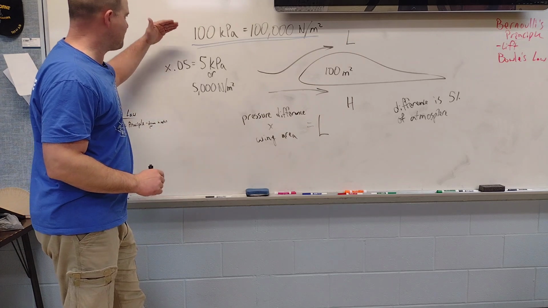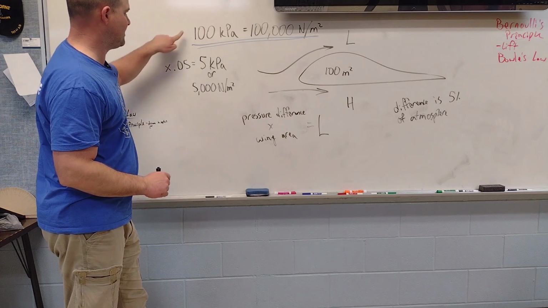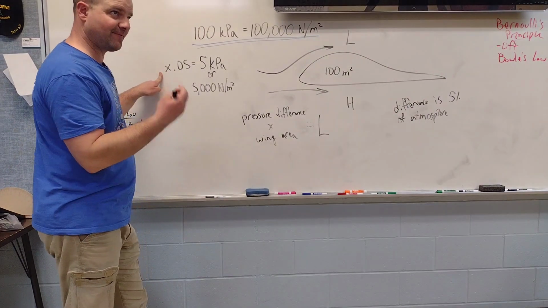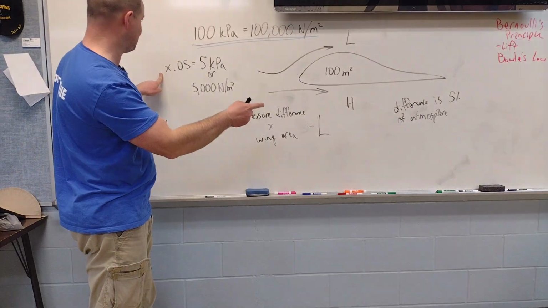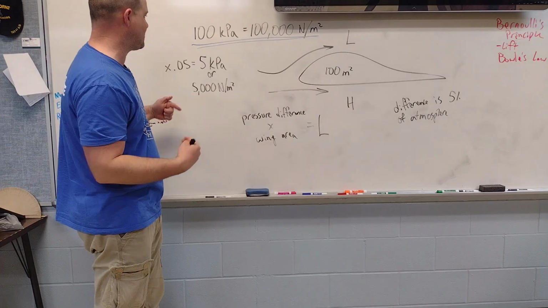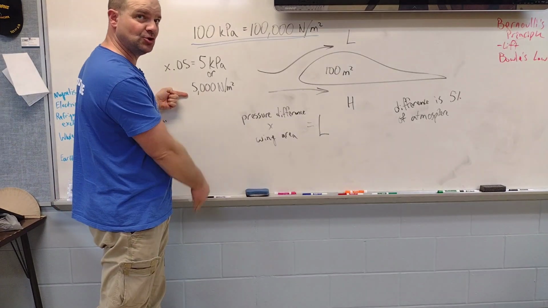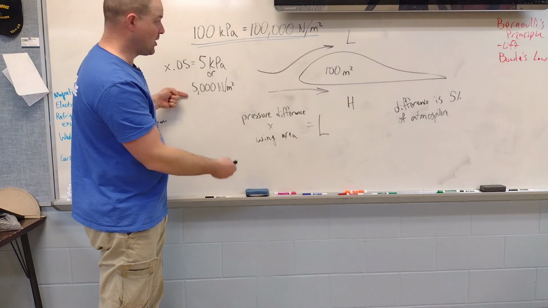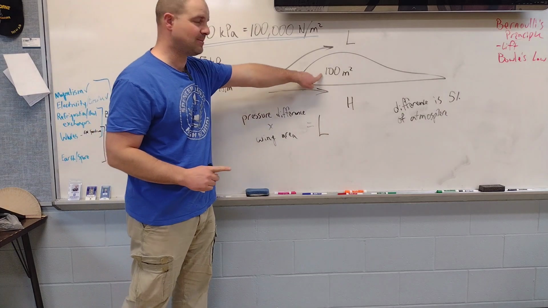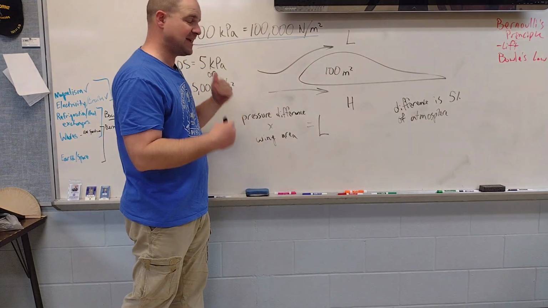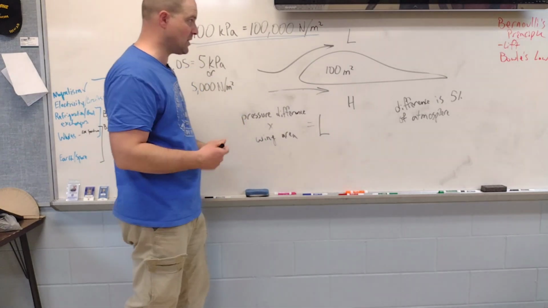And we can multiply that, 100 kilopascals times 0.05, which will give us our 5% difference. So we get 5 kilopascals, or 5,000 newtons per square meter. We're given the area of the wing, 100 square meters.